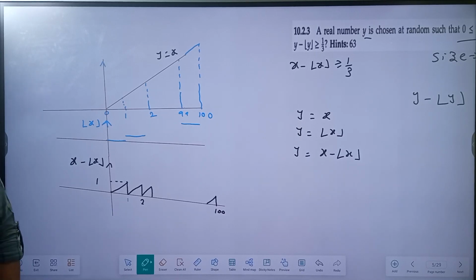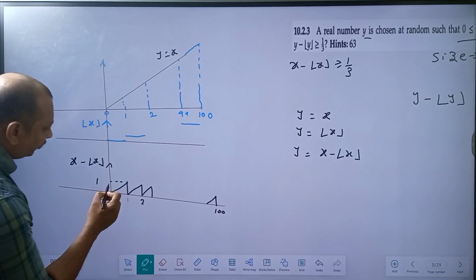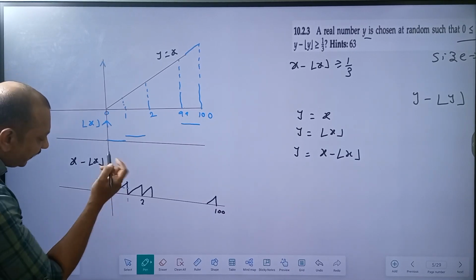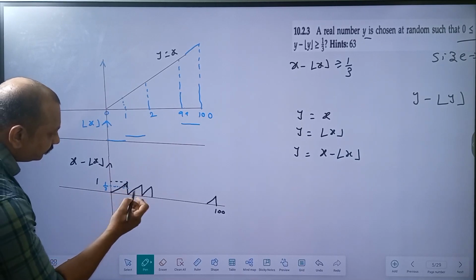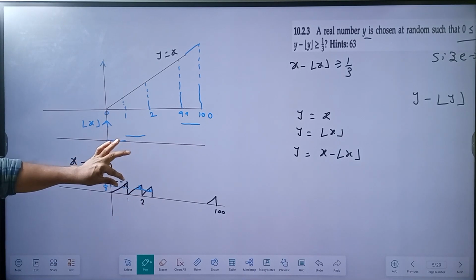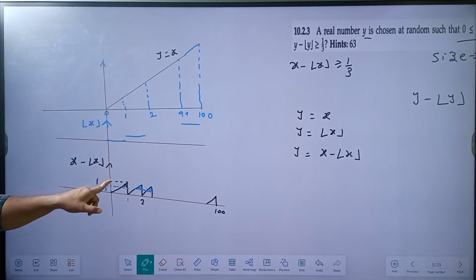X minus step x is greater than or equal to 1 by 3 అన్నారు. So this is the region. Greater than or equal to 1 by 3 means this is the region, less than 1. So x minus step x is from 1 by 3 to 1.